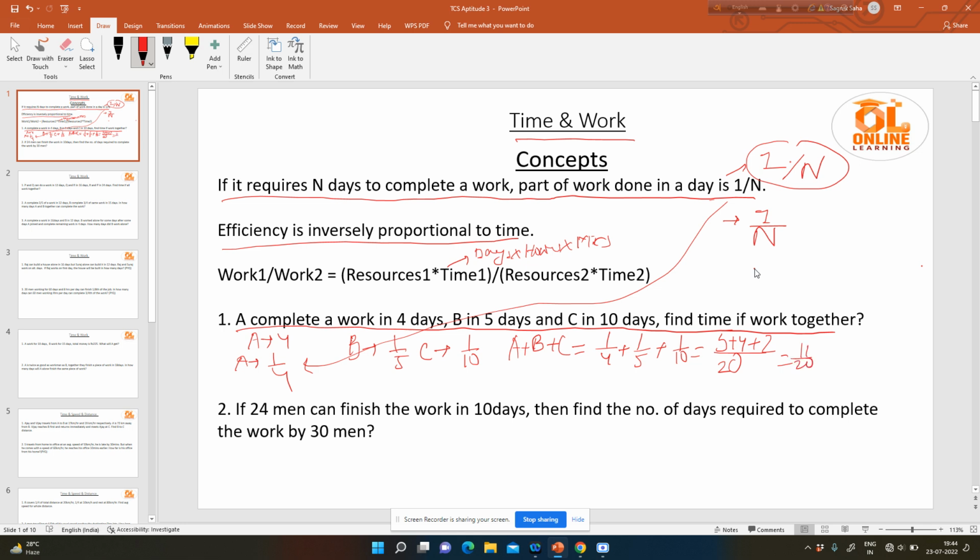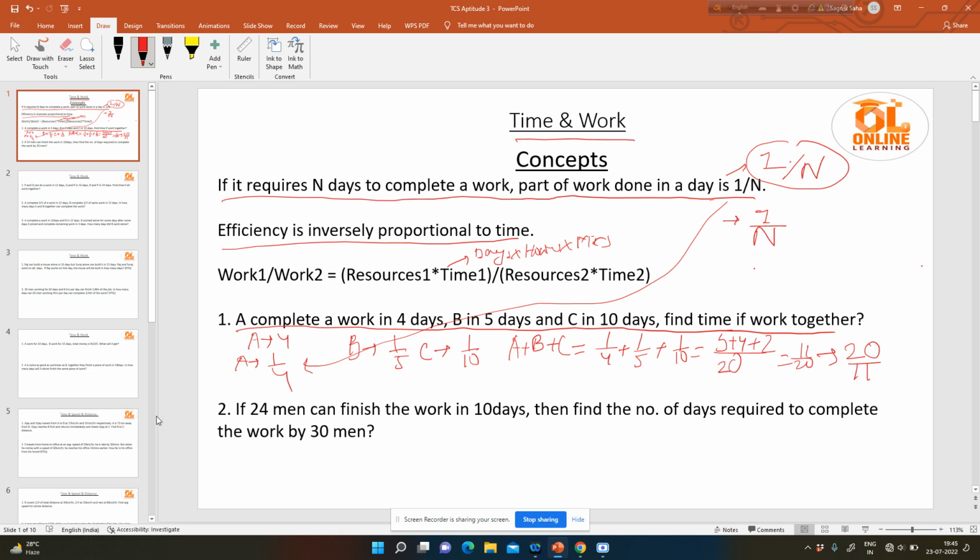So the amount of work done by all of them in 1 day is 11 by 20. In how many days will they complete the work? They will complete the work in 20 by 11 days, because it is the reciprocal. Hope you have understood. Now let us move to the next question.